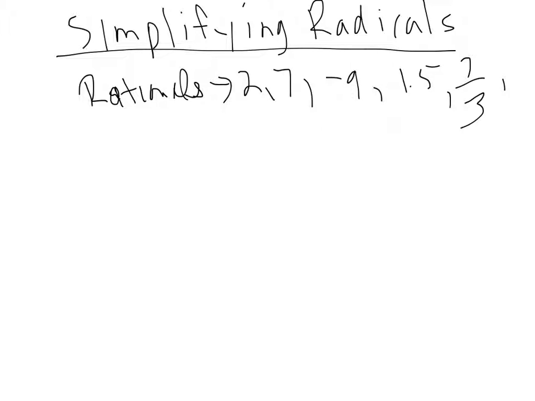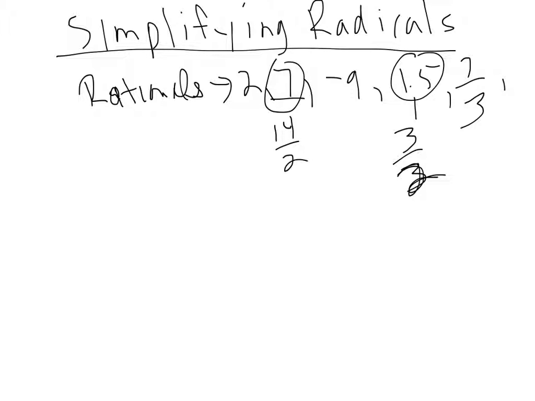So any number that you can represent in a fraction is a rational number. So 7 can be represented as 14 over 2. 1.5 can be represented as 3 over 2. So those are rational numbers. Root word ratio, which means fraction. So a rational number can be represented as a fraction.